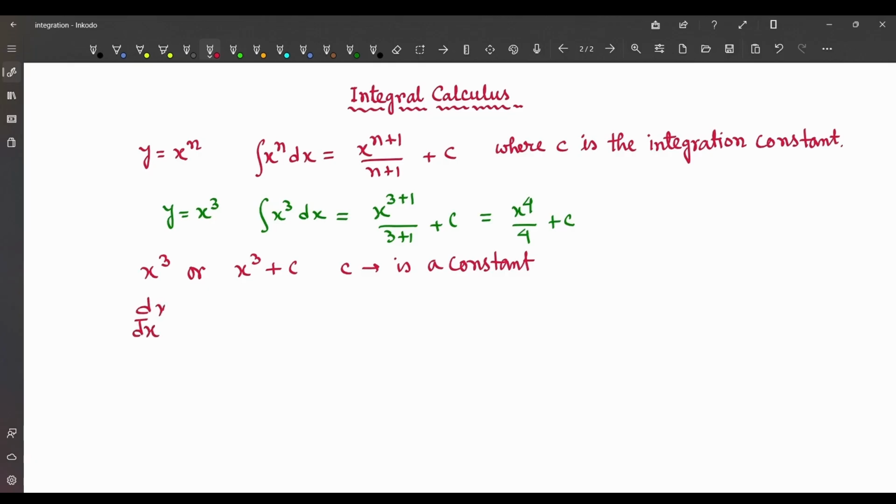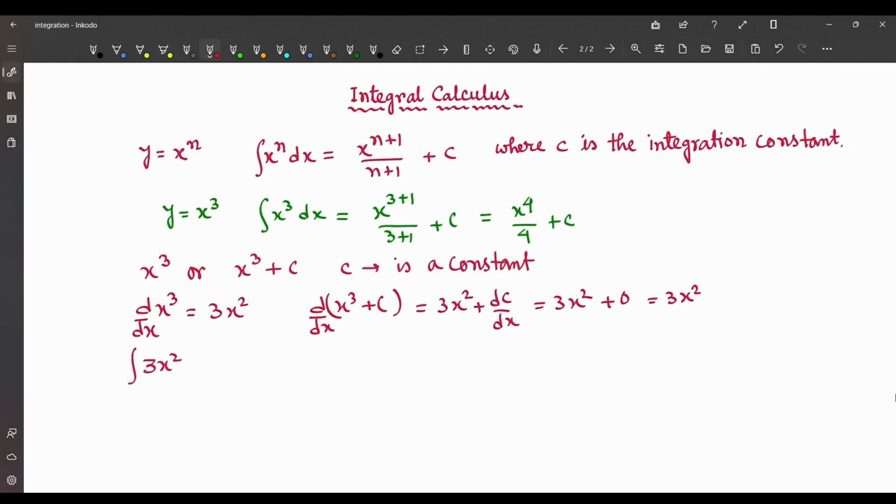That is, d/dx of x cube is equal to 3x square, and d/dx of x cube plus c is also 3x square, because the differentiation of c with respect to x is 0. We have learned that integration is the reverse process of differentiation. Therefore, if we integrate the term 3x square, then we should get x cube plus c.